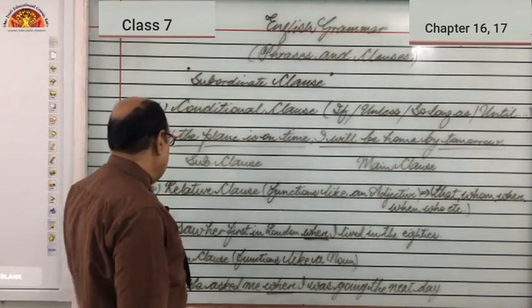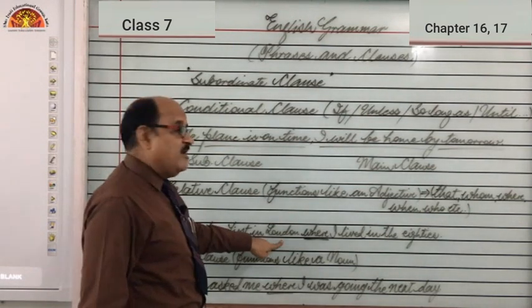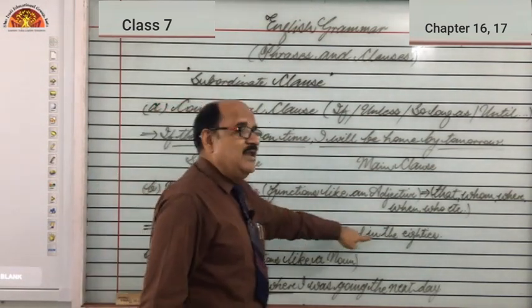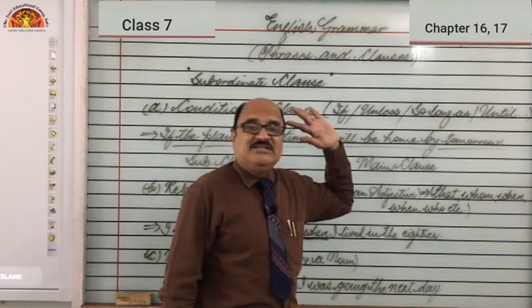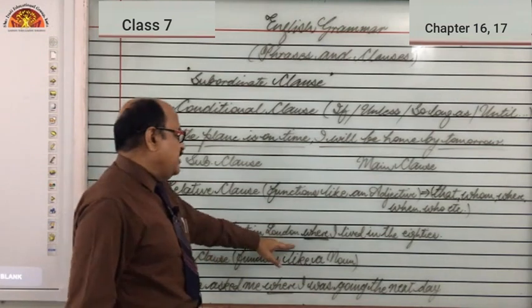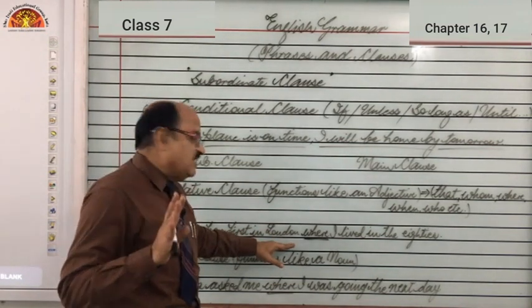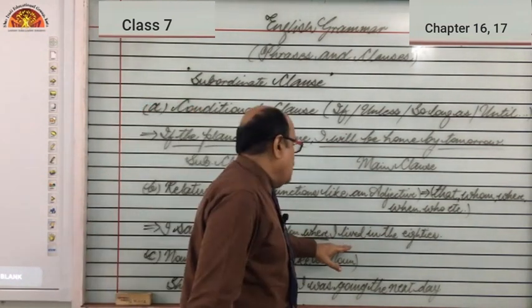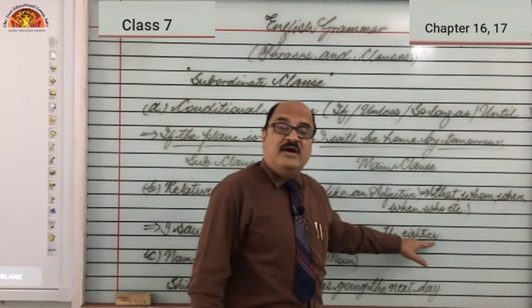You can see here, I saw her first in London, where I lived in the 80s. Okay, so I saw her first in London. This is complete in itself. Where I lived in the 80s.